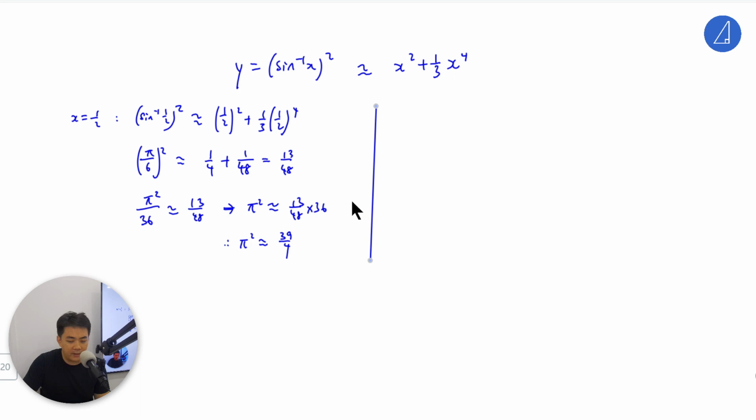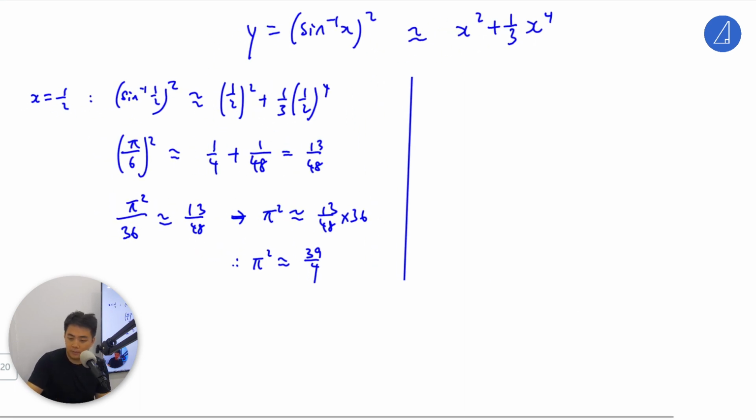So if you let x equals to 1, okay, sine inverse 1 square, 1 square plus 1/3, 1 to the power 4, roughly equals to, sine inverse 1 will be 90 degrees, which is pi over 2.